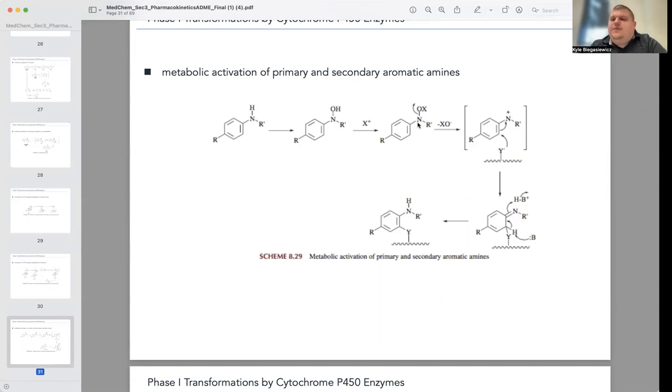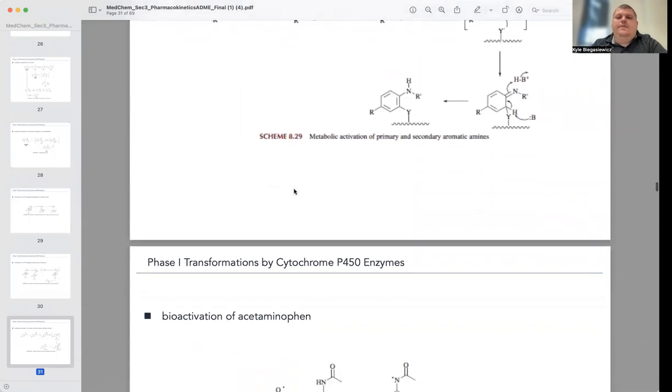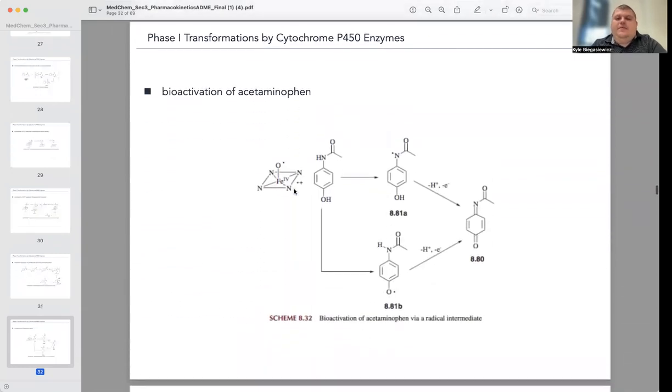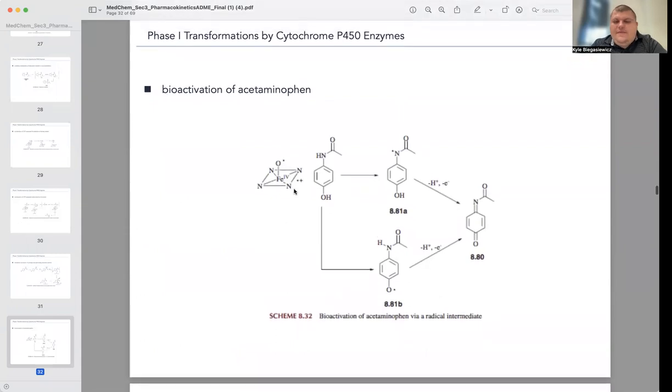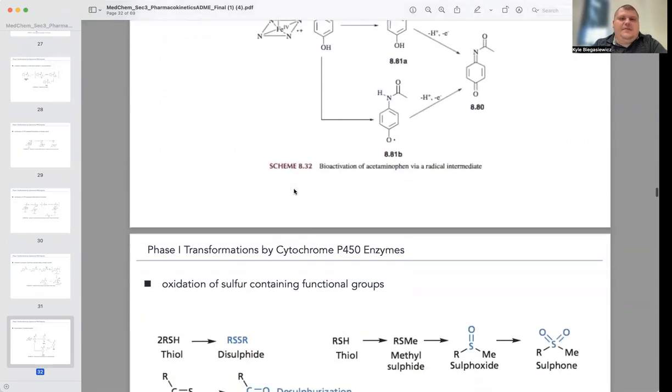And that allows for macromolecules, for example an enzyme, to attach to it, because it has a good leaving group now. I would get a working appreciation for that. This might be one worth asking about in a review coming up or via email. Phase 1 transformation here by P450. You're not going to need to know this mechanism in 32.